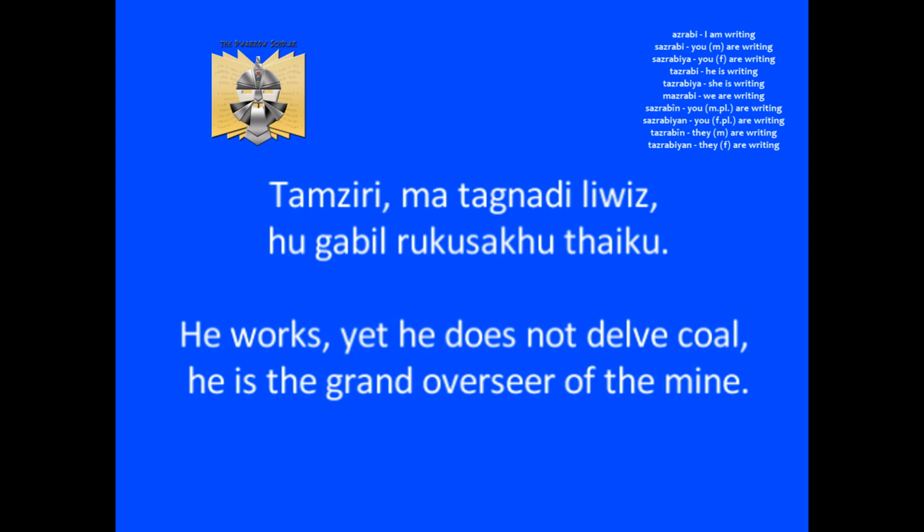Well, seeing that in this case it is a title of someone, we would place the adjective before the noun, similar to the title Gamil Zirak, as mentioned in our last lesson too. The word hu indicates he, and as we do not translate to be, we get the grand overseer of the mine, or he is the grand overseer of the mine.